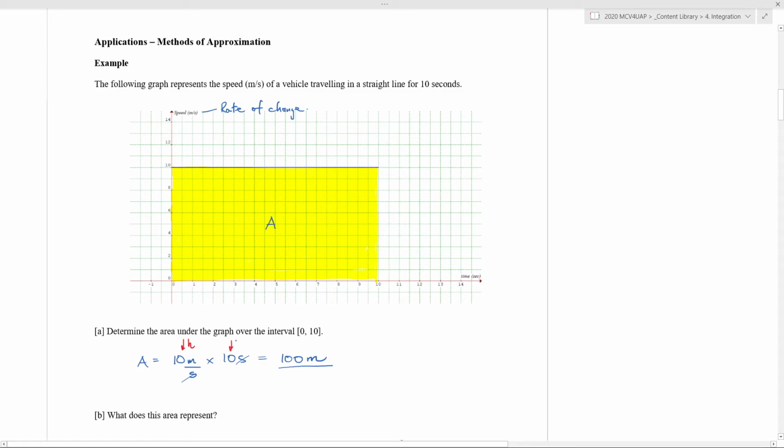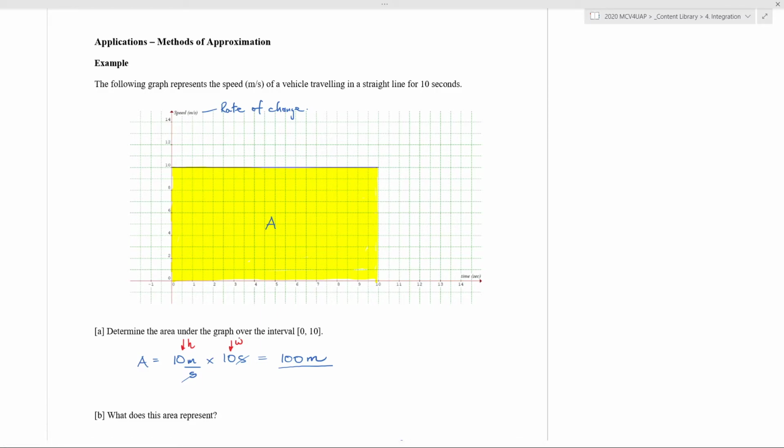And this is just the width. And when you multiply 10 by 10, you get 100. But what's important to note is that the seconds cancel each other out. Okay, so the 10 meter per second speed multiplied by 10 seconds gives us an answer of 100 meters. So that area is 100 meters.